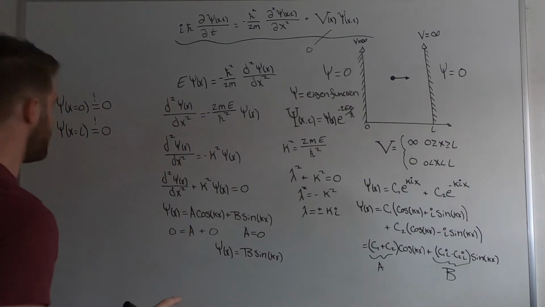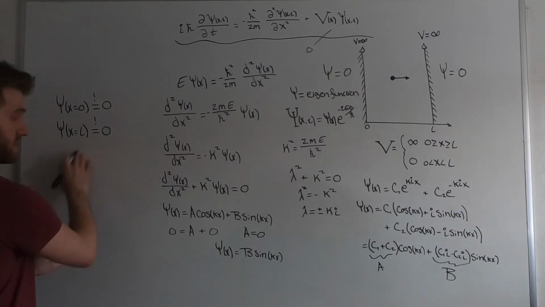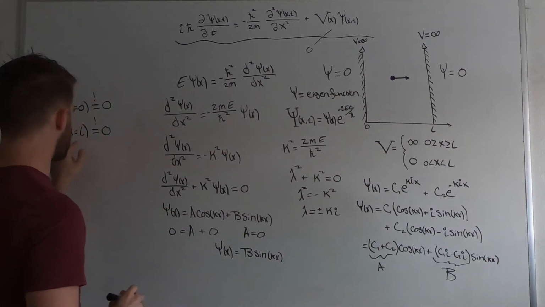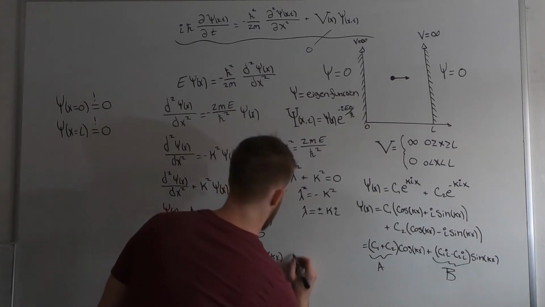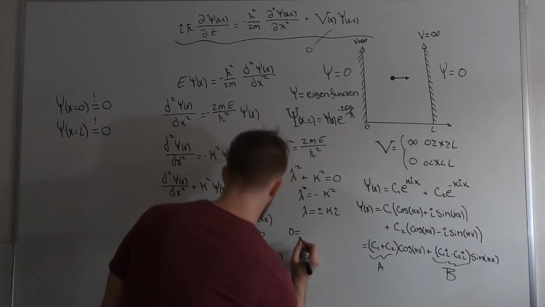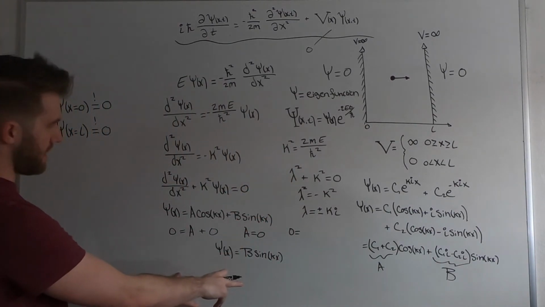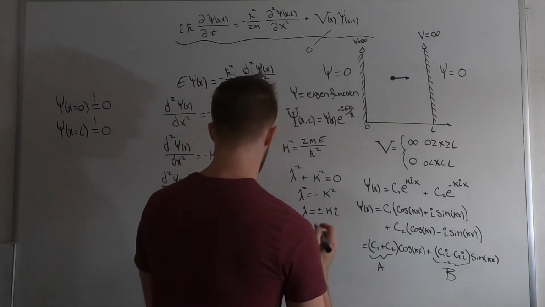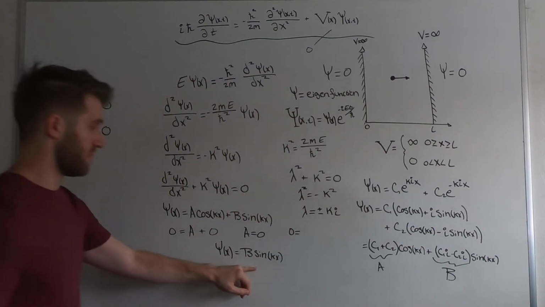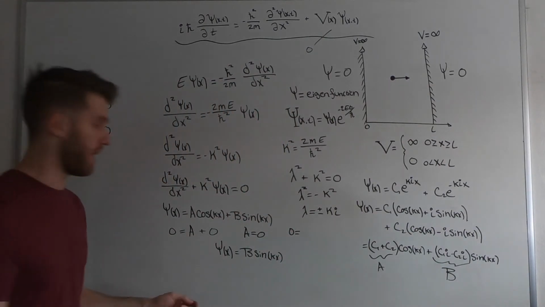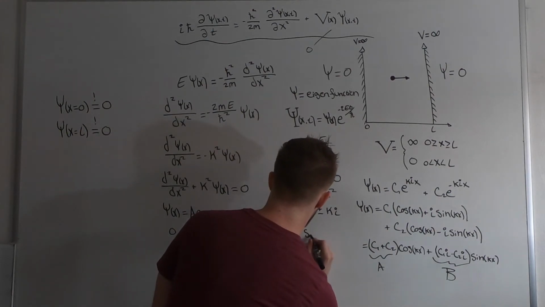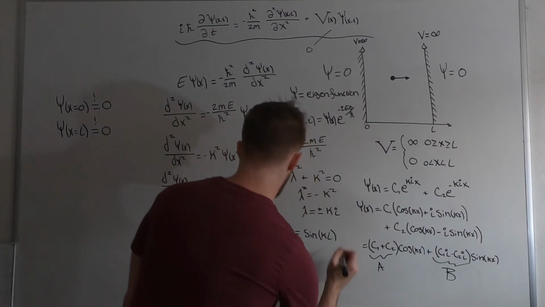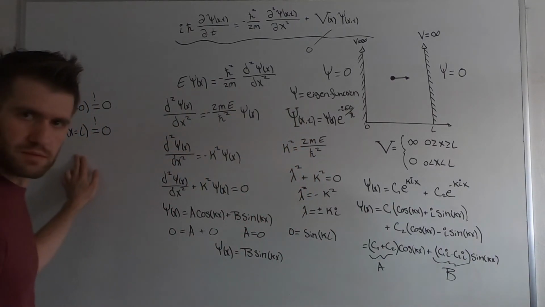Now we can impose this other condition, where 0 is equal to b times sine of KL. This b we can divide out, and that will just be sine of KL, since x is equal to L with this condition.